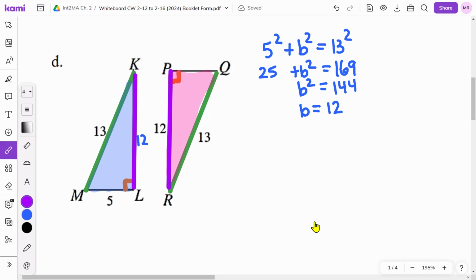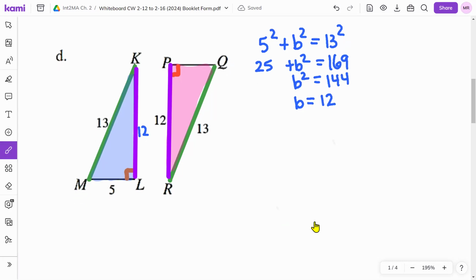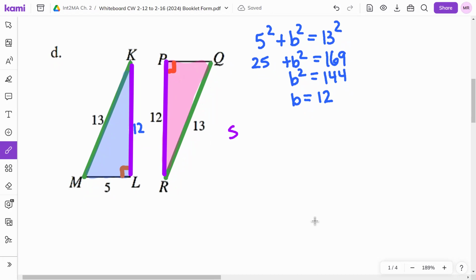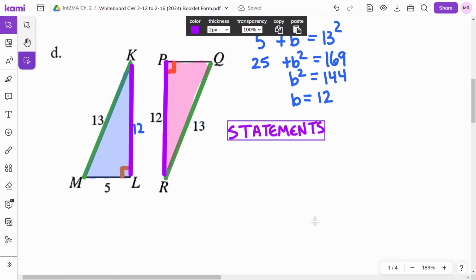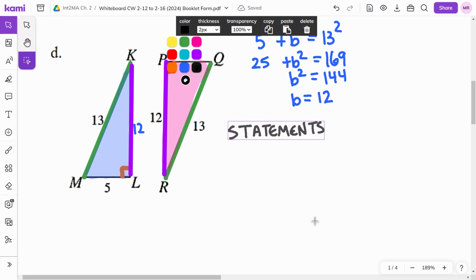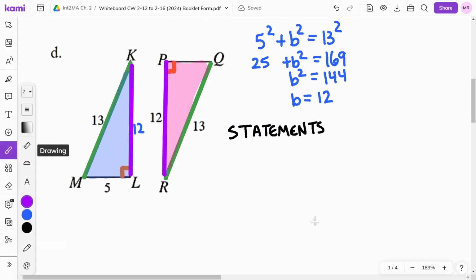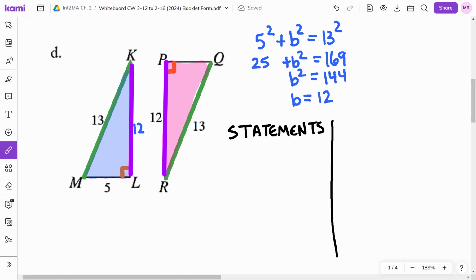So let's say I do a 2-column proof for this one. Okay, so I'm going to do statements and reasons. Let's change this color. Put that black. Okay, so statements and reasons.